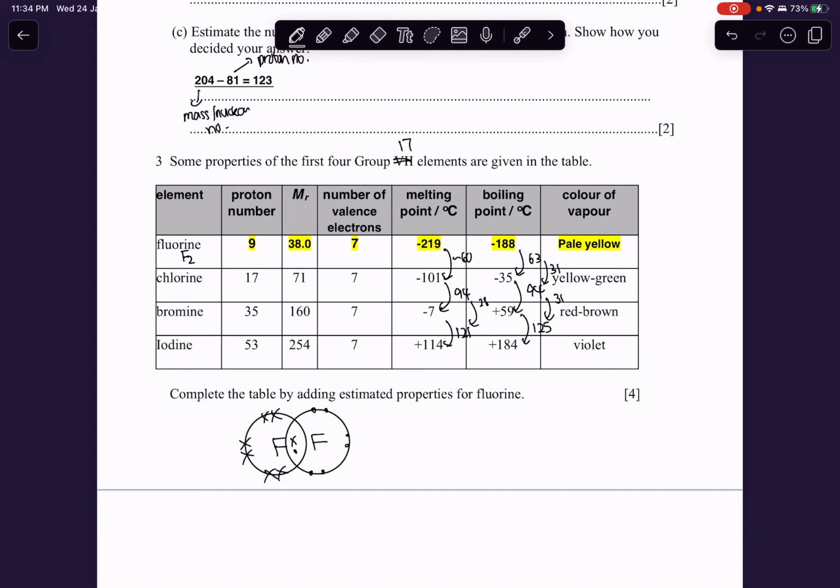Same thing, and then you can just do a subtraction. So you can just estimate the number.